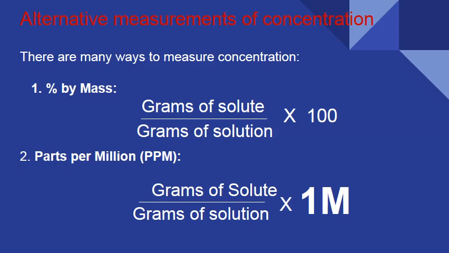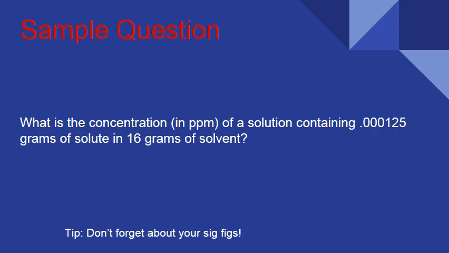Parts per million is a way to measure concentration by dividing the mass of your solute by the mass of your total solution in grams and multiplying the quotient by 1 million. Okay, let's try a quick sample question. What is the concentration in parts per million of a solution containing 0.000125 grams of solute and 16 grams of solvent?